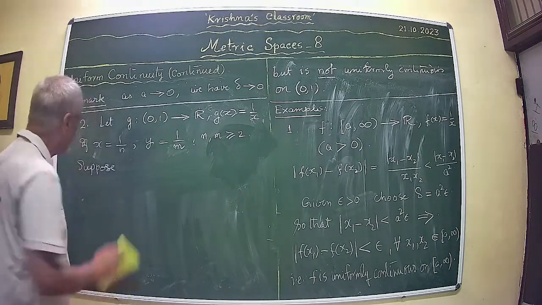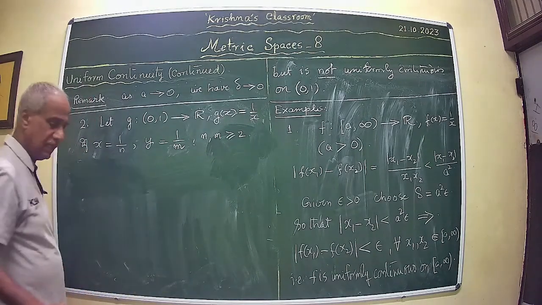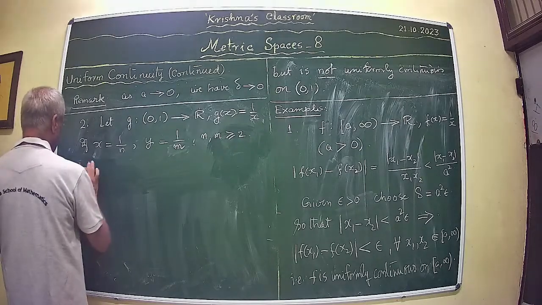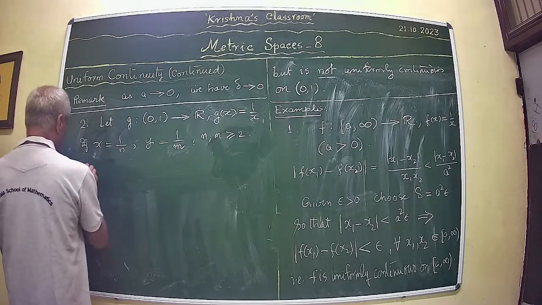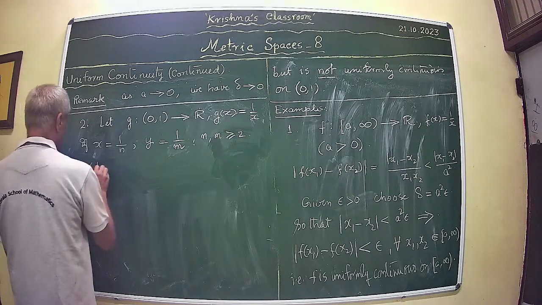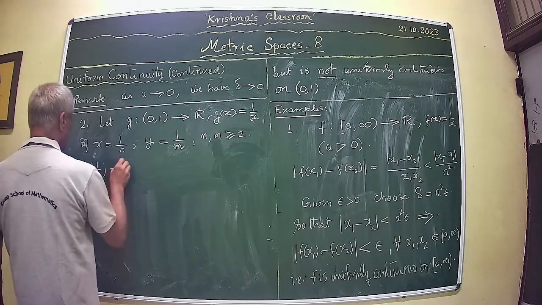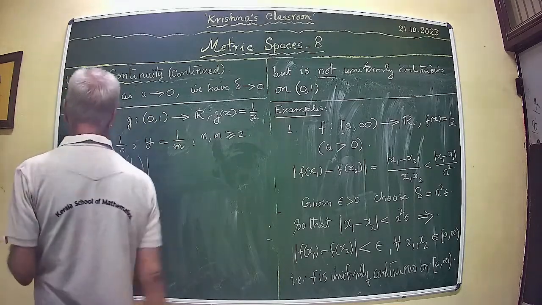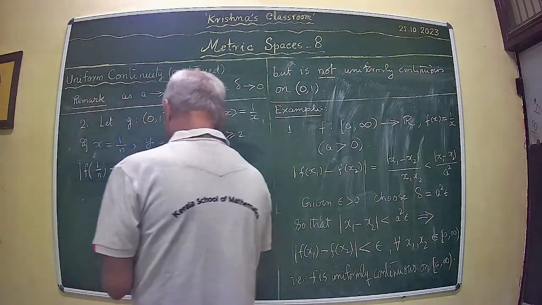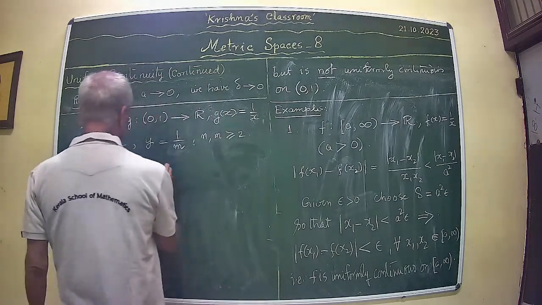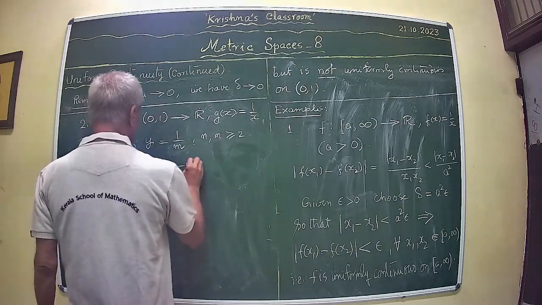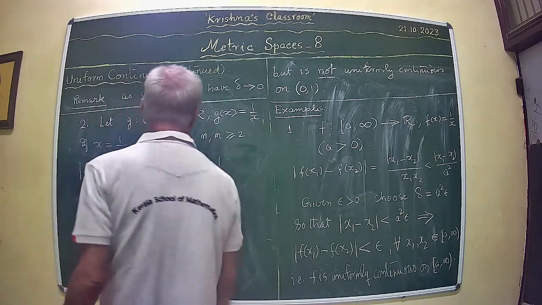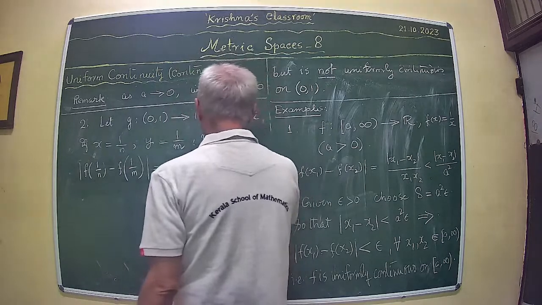Then we have, this is equal to, and this is greater than or equal to 1 whenever n is not equal to m.